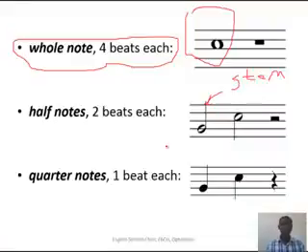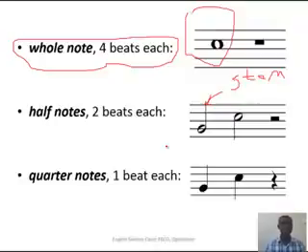Let's go to the quarter note. A quarter note in the American way is called quarter note, but in British we call it crotchet. So I will be using these interchangeably as we go on in this video lecture. I hope you will not be confused.